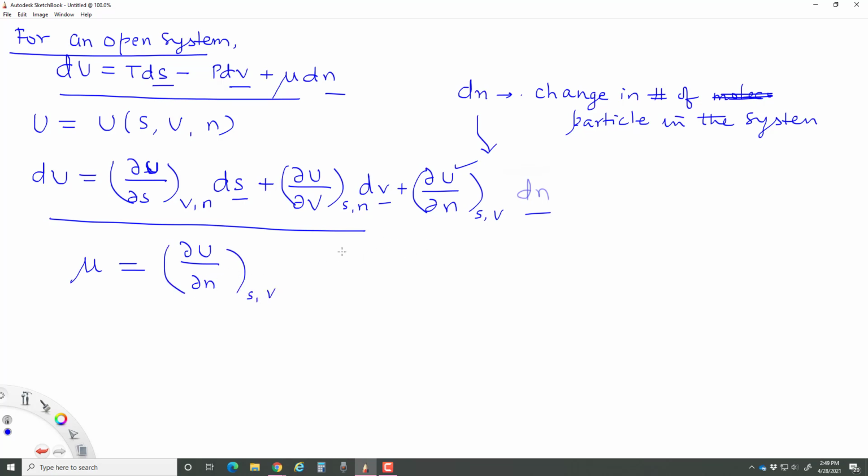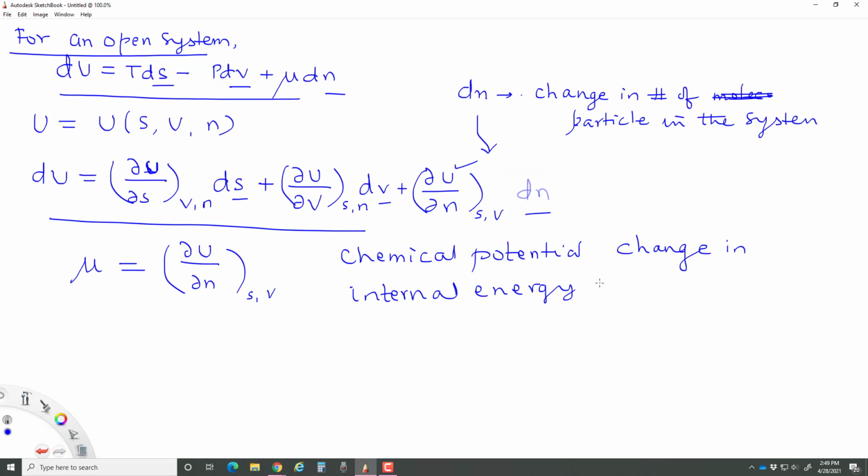So that means chemical potential is basically the change in internal energy when you add some particles in the system. Okay, change in internal energy per kilomole added to the system.